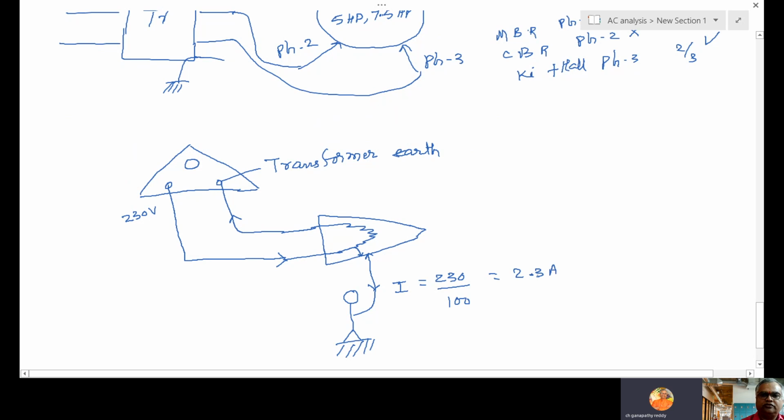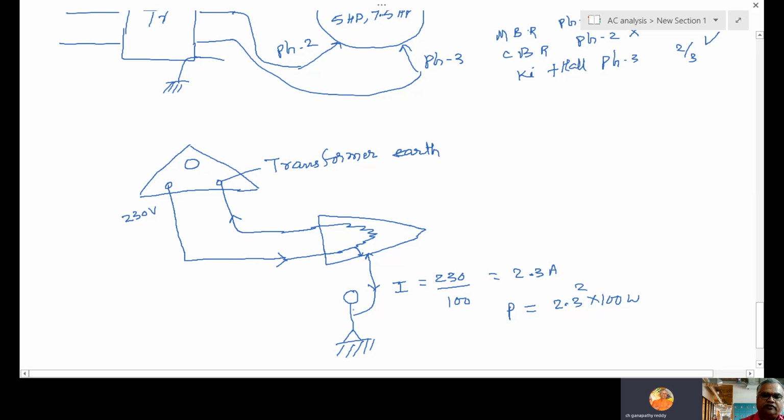2.3 amps is a very high current. Then what is the power dissipation in the body? 2.3 squared times 100, so many watts. Whatever power is dissipated in the body is converted into heat. Because of heat, temperature will increase.